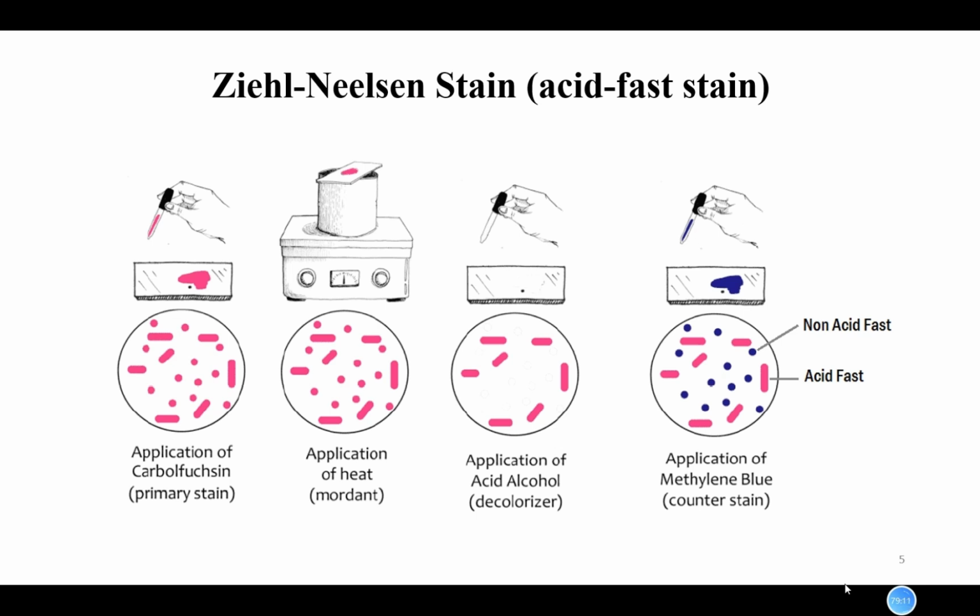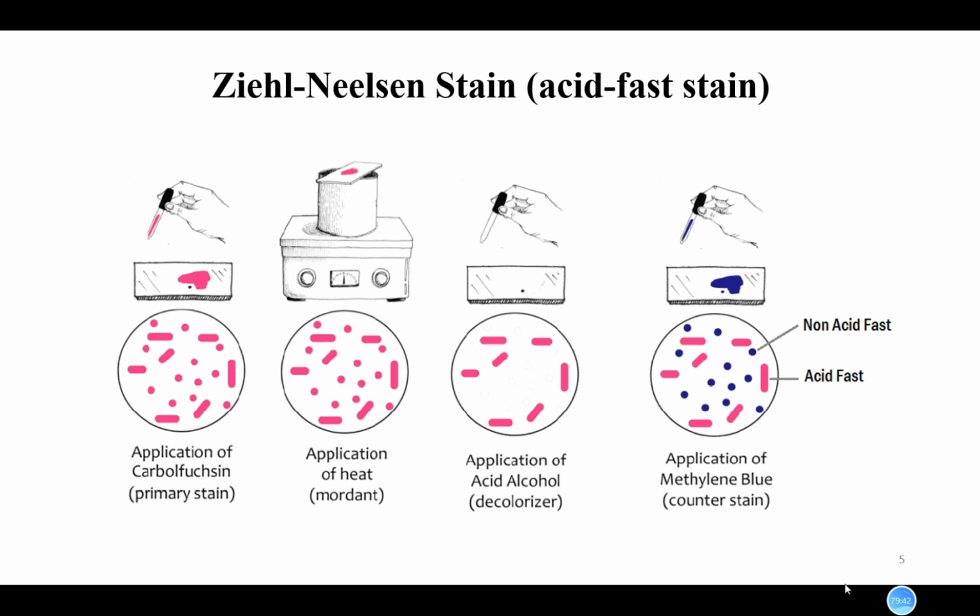Then after that, we decolorize the specimen with acid alcohol. This is 95% alcohol containing 3% hydrochloric acid. It is a very strong decolorization agent which can remove the dye from other bacteria and also from human cells, but not from Mycobacterium.